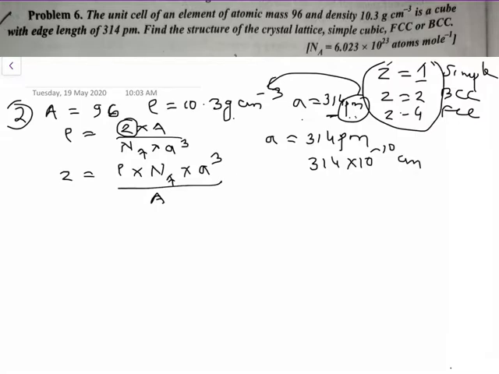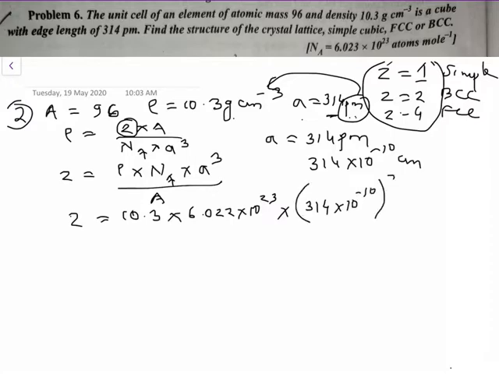So when a picometer value is divided by 10 to the power 10, I convert it into centimeter. Alright, now let me write the values. Z equals density, so 10.3 into Avogadro's number, which I'll take as 6.022 into 10 to the power 23, and A cube. Just now we found out A is 314 into 10 to the power minus 10, but I want A cube.